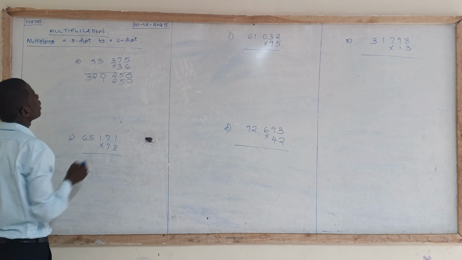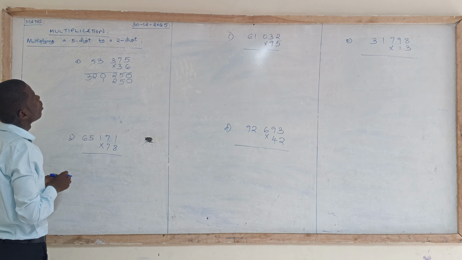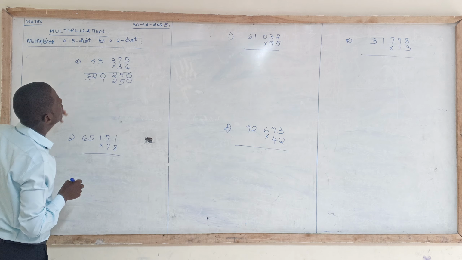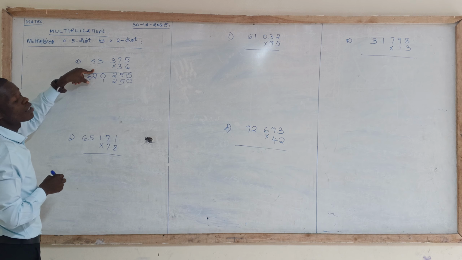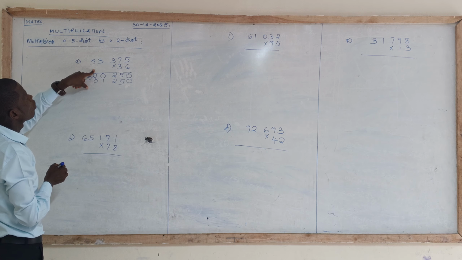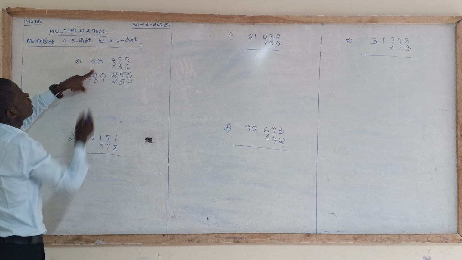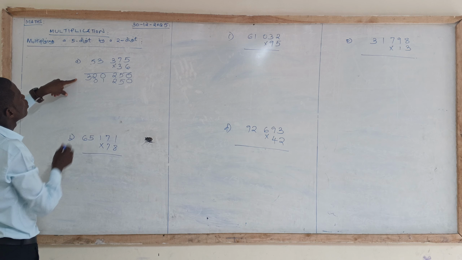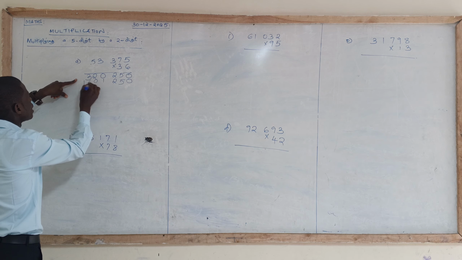Write 1, carry 1. 3 times 3, what do you have? That is 9 plus 1, that is 10. Write 0, carry 1. 3 times 5 is 15. 15 plus 1 you carried, that's now 16.